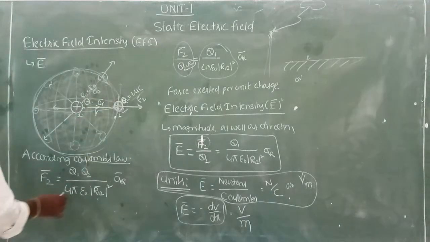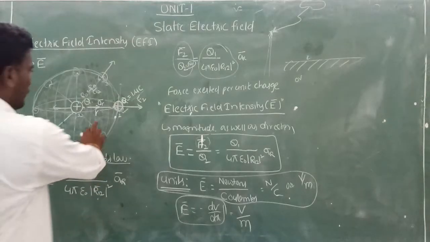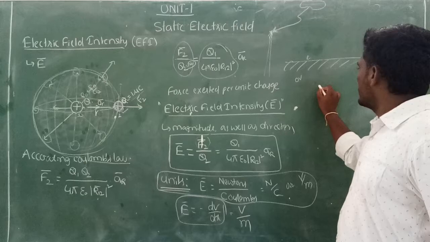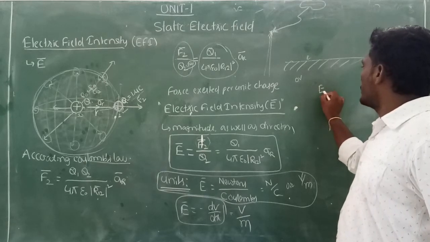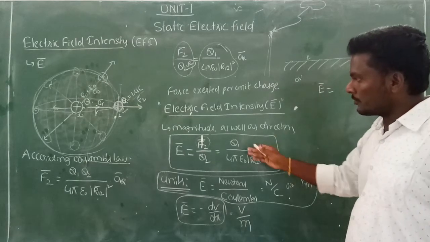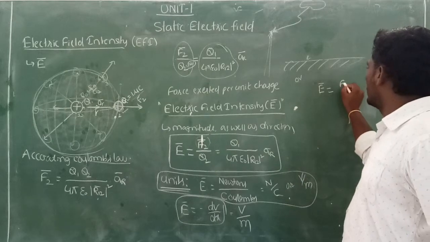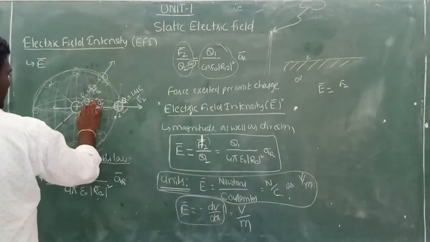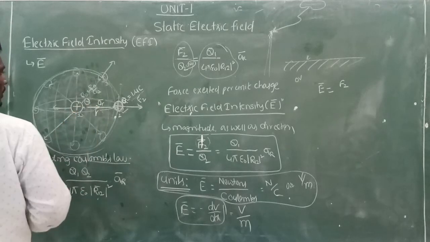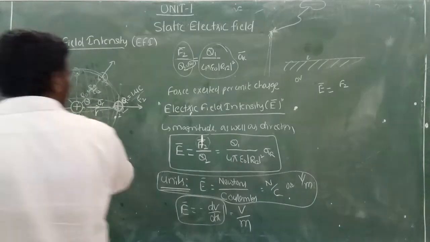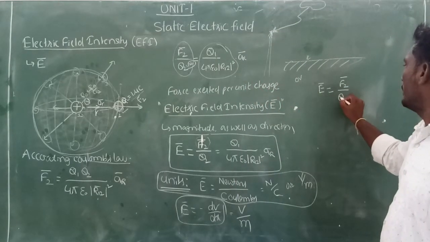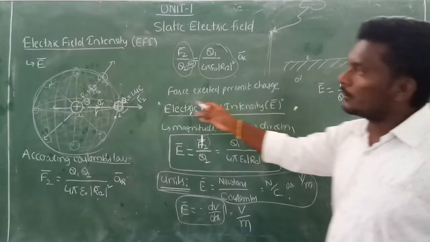Now, if you write the expression for this arrangement, your electric field intensity is written like this: E bar is equal to F2 bar by Q2. Consider the charge at position 1 is capital Q. It is not Q1, it is Q. I am not changing the magnitude of Q2.